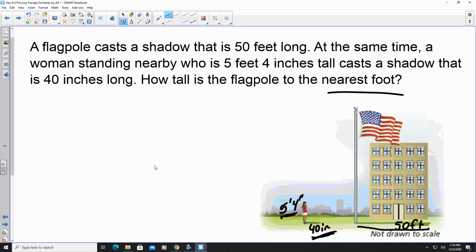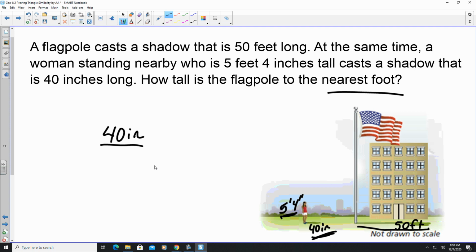So what I know is the two shadow values. The woman's shadow is 40 inches, and the flagpole shadow is 50 feet.